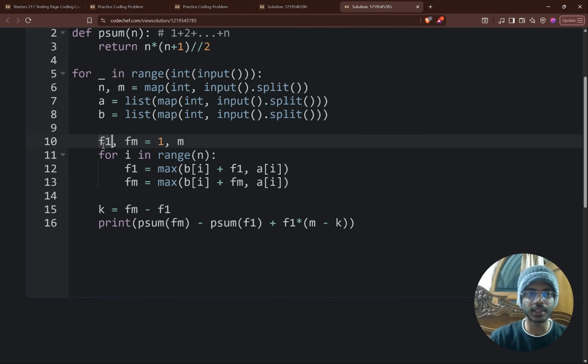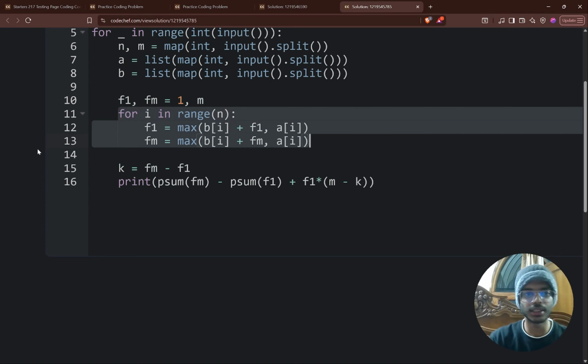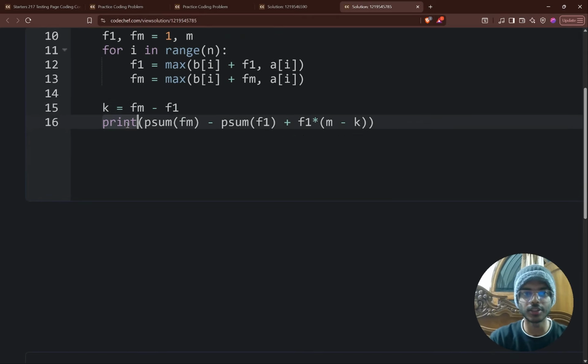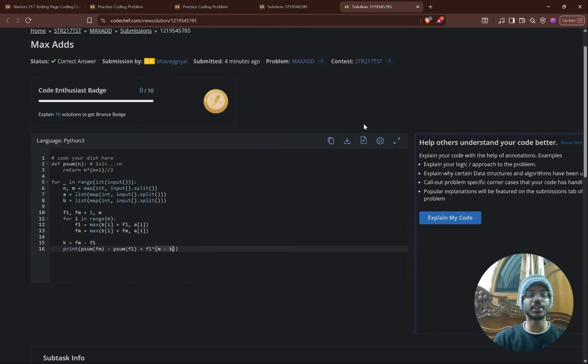So we calculate the L and R. So yeah, this would be the final L and this would be the final R. And we'll calculate them using this normal formula. Then this K is nothing but R minus L. And the answer would be the difference in these prefix sums plus L into M minus K. Time complexity again is big O of N. And yeah, that's pretty much the whole solution.